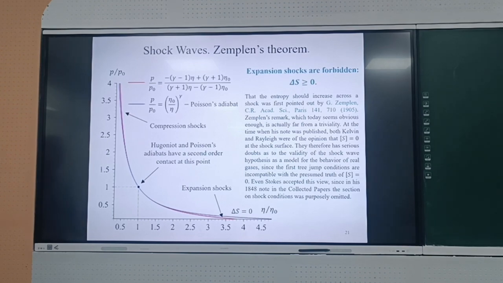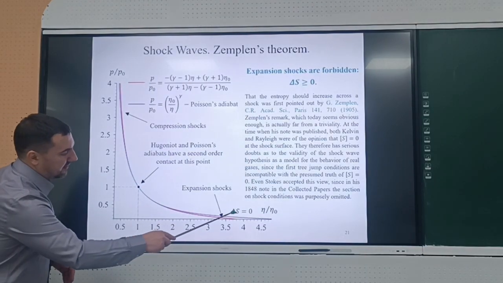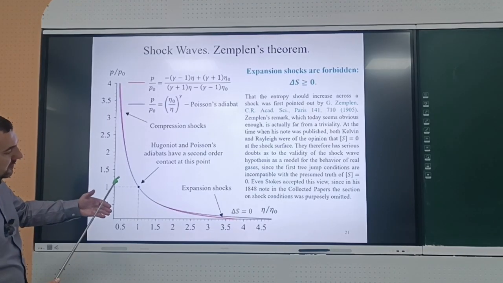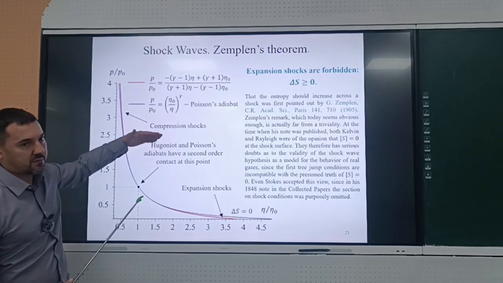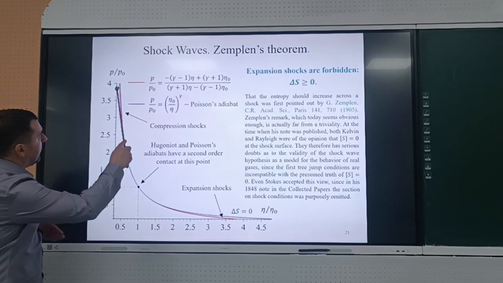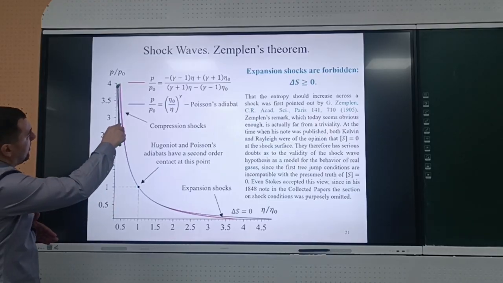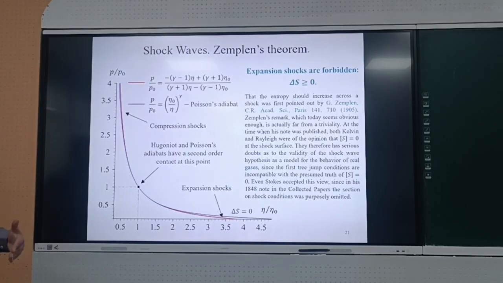And the second law of thermodynamics states that only processes with delta S greater than or equal to 0 are possible. It means that only processes above this blue curve are possible. So here the red curve is above the blue one, and this red part of our Hugoniot adiabat is a possible solution.